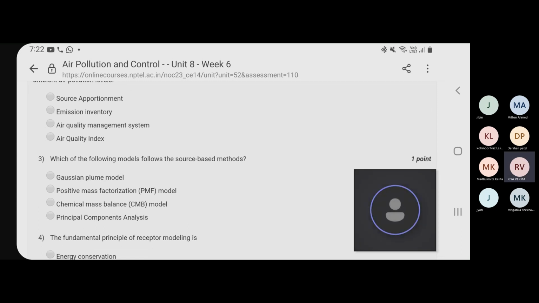The next question: which of the following models follows the source-based methods? Option one is Gaussian plume model, positive matrix factorization model, chemical mass balance model, and principal component analysis. I don't think it will be option one. In source apportionment we have two types of methods, first source-based and second receptor-based. Just let me check once in my notes because I'm not sure.